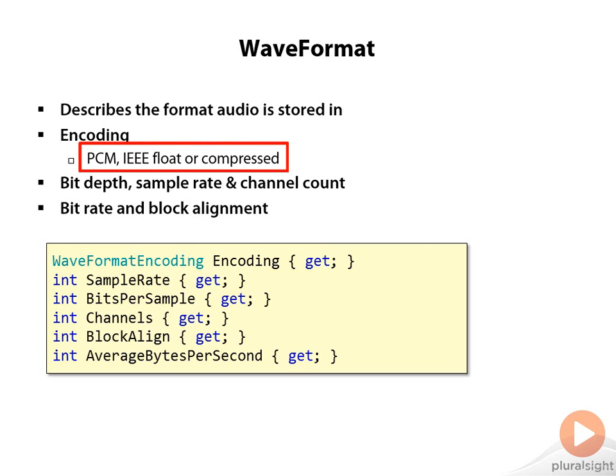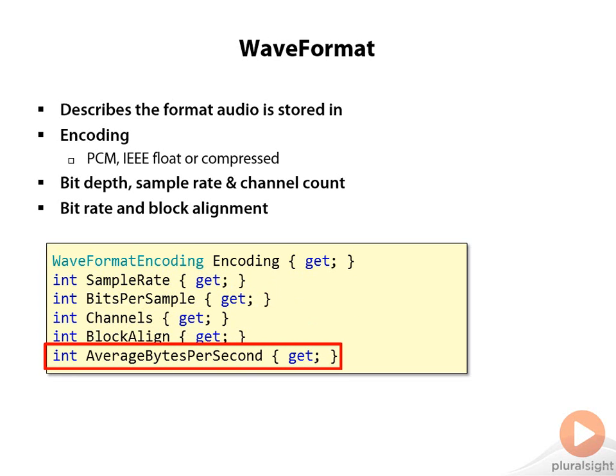But if you're dealing with compressed audio, then it can have any one of a large number of different compression types set here. It also includes the sample rate, the number of bits per sample, or the bit depth, and the channel count. Finally, it also tells us the bit rate, which in the WaveFormat structure is actually in terms of average bytes per second, so multiply it by 8 to get the bit rate.